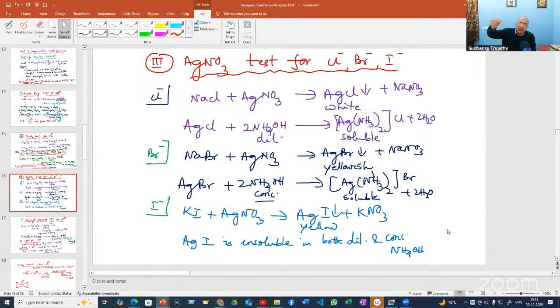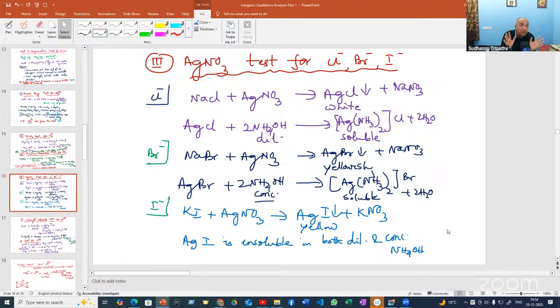After adding a lot of silver nitrate, slowly the yellow color will fade. It will become yellowish, then the yellow color will go. You will find nothing has happened. Chloride is not there, you will be bored. You will say, no, only iodide or bromide or both are present, no chloride.